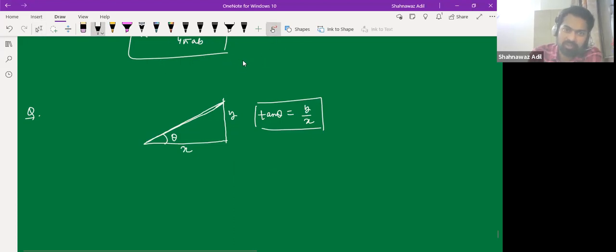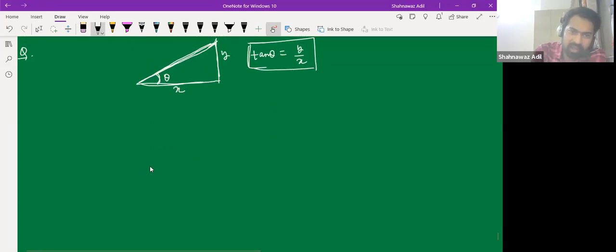So I was talking about the slope of this line, which is given by y by x, tan theta. Let's say I extend this line.